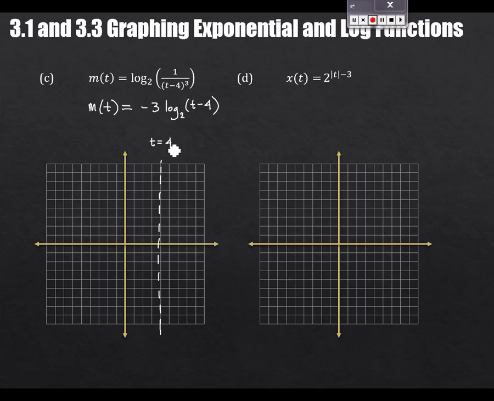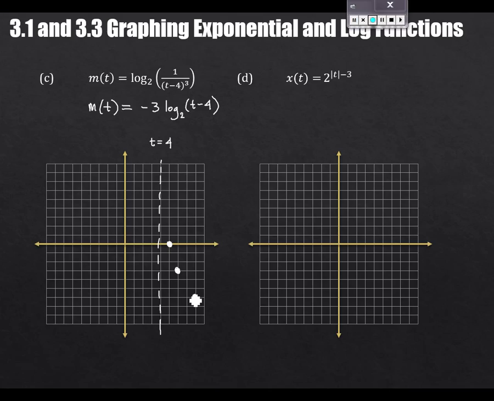Give me a point on the graph. How about 5, comma 0? What else do we like? 6, comma negative 3, I like. Any other ones you want? 8, comma negative 6, I like too. That's a good one.